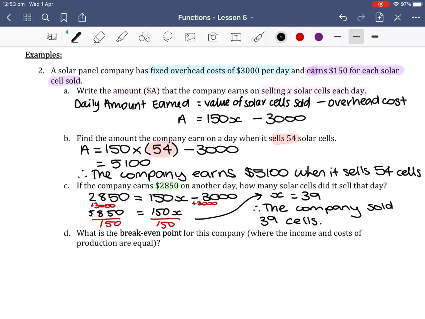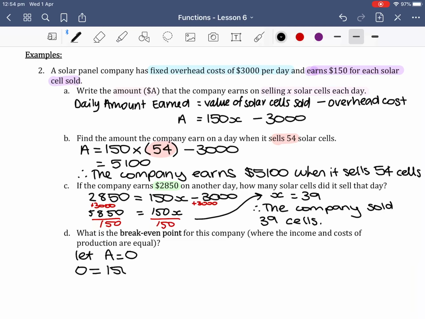Okay. Now what we're going to do is work out for 2D what is the break-even point for the company. So a break-even point is where the income and the costs of the production are equal. So that means we're trying to find when A equals 0. So what we need to do is let A equal 0 and then we solve the equation.